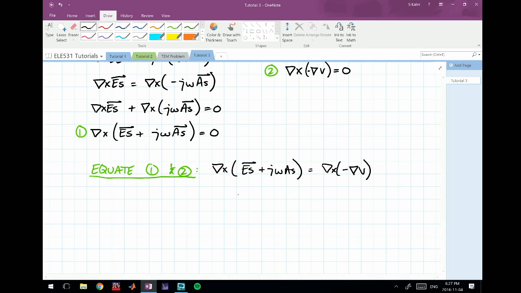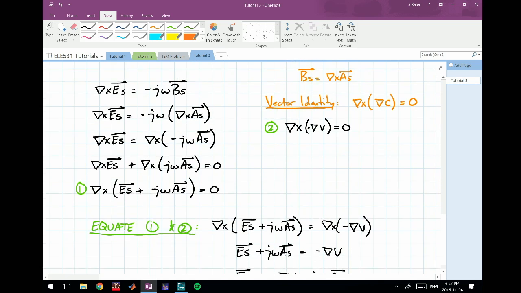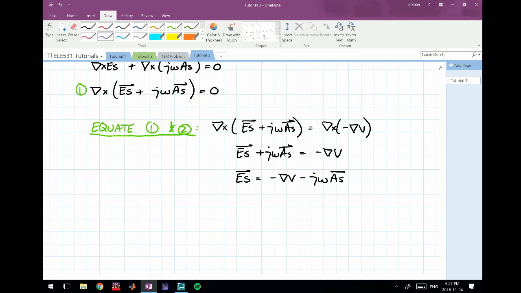So I get that Es plus jωAs equals minus the gradient of V. And so finally I get that Es equals minus gradient of V minus jωAs. Vector signs missing. Okay, and that is our final expression.